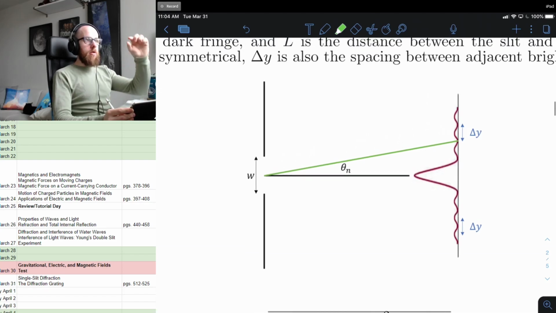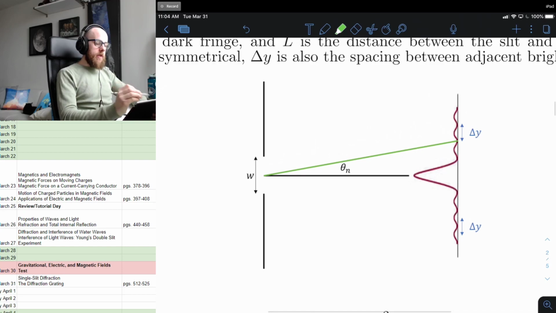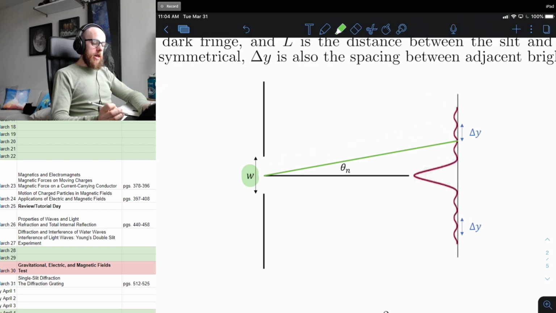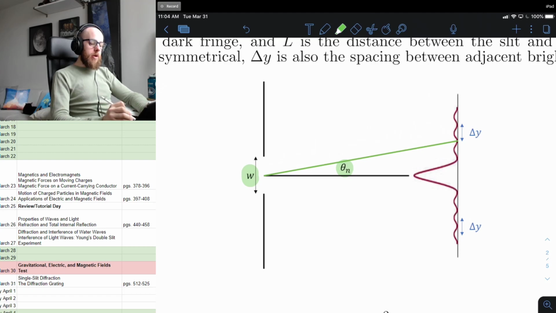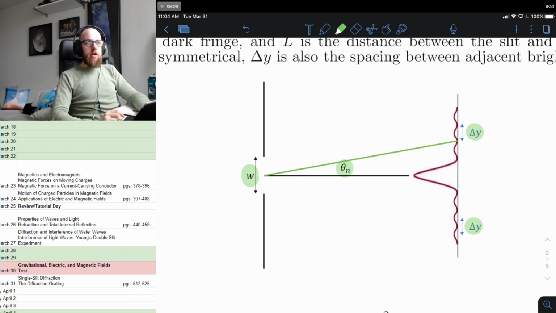We're defining the width of the slit to be W. We are defining the angle between the central bright fringe and, say, a dark fringe or a bright fringe to be theta sub m. And the spacing between adjacent dark fringes or between adjacent bright fringes we're going to call delta y. These are all the quantities that we're playing around with.